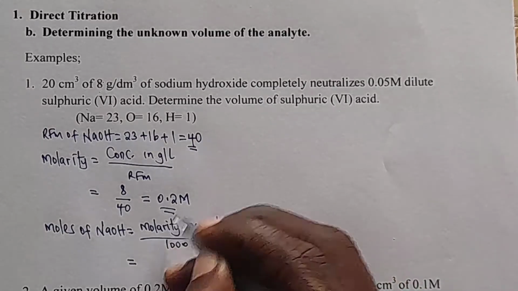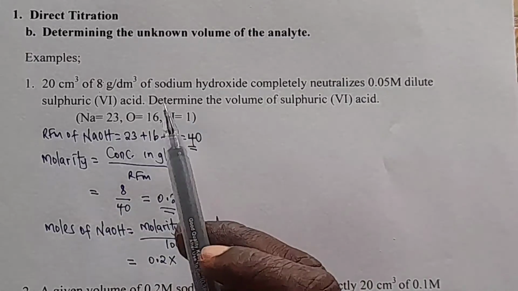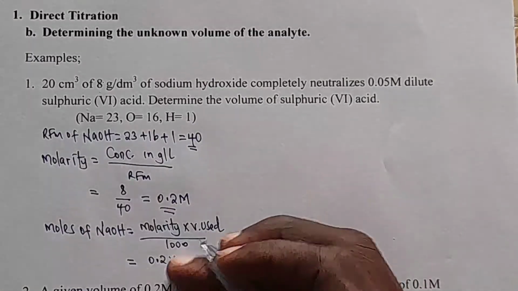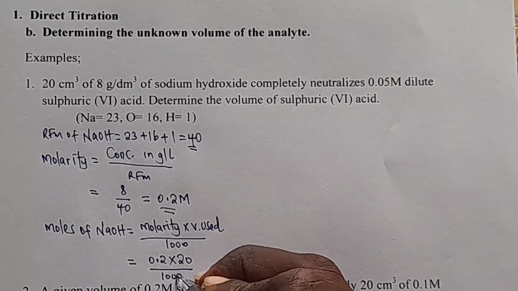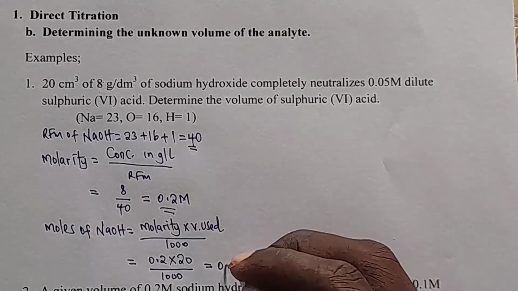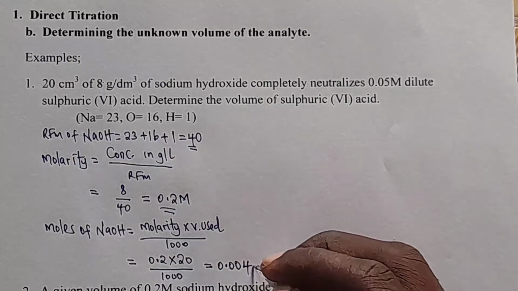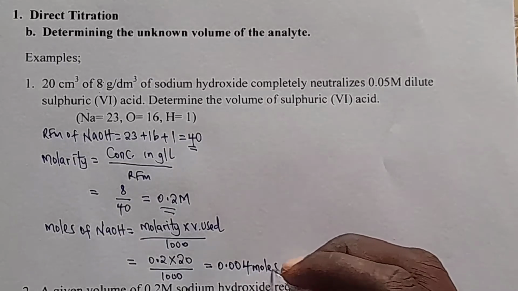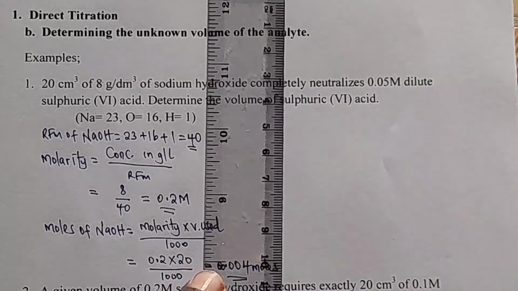So the molarity of sodium hydroxide is 0.2 multiplied by the volume used, which is 20, as given. Then we divide by 1000, which is in the formula. Here we get 0.004 moles of sodium hydroxide. That's the number of moles of sodium hydroxide.